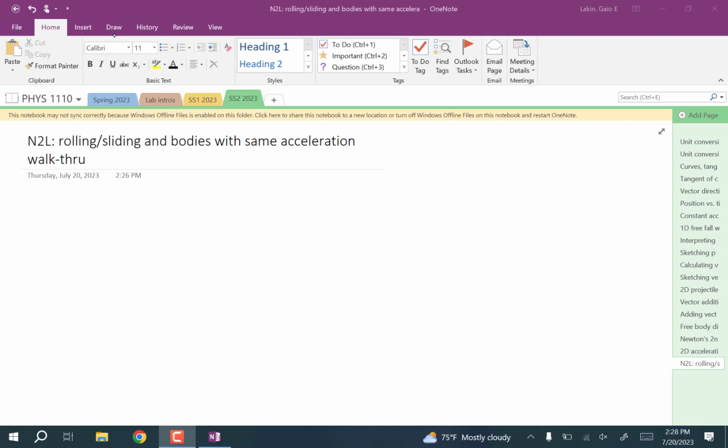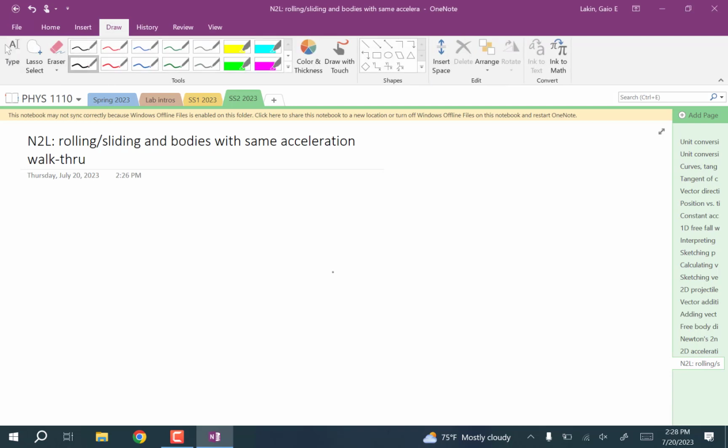Okay, so here's the problem we're going to do. So let's say that this is the incline. It's at an angle of 10 degrees with the horizontal. And there are two carts on this incline, and they're connected by a cable.